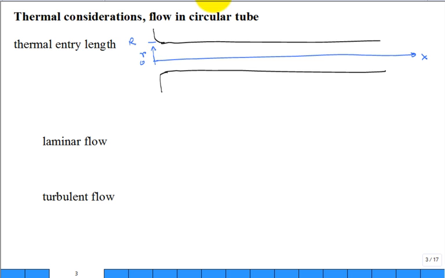All right. The flow comes in, and at the beginning it's a uniform velocity profile. Then it feels the effects of the wall with the no-slip boundary condition, and the thermal boundary condition that the temperature of the fluid immediately adjacent to the wall is the wall temperature. Then we develop a temperature profile. So if this is our temperature profile, it comes in uniform.